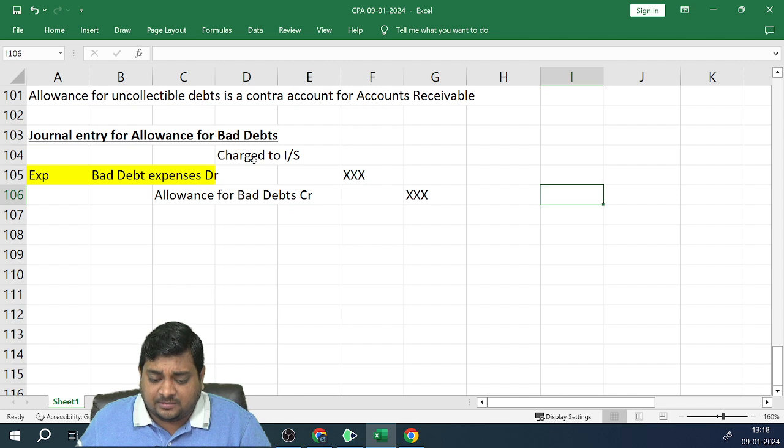But in balance sheet, it will be shown like this.